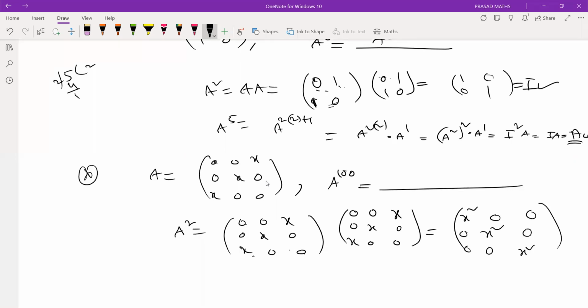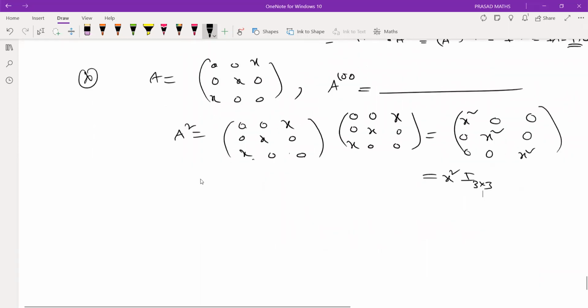So what you're going to get is x square like this. That means it can be rewritten as x square into I, where I is the 3 by 3 matrix. Right? A square is nothing but like this.